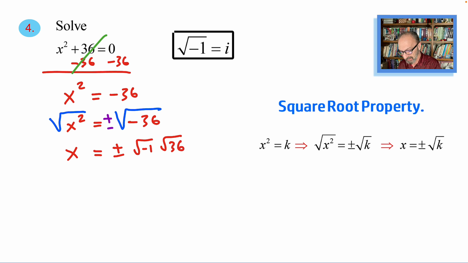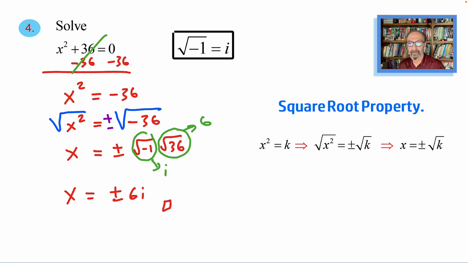Square root of 36 is 6. Square root of -1 is i. So the answer is x equals plus minus 6i. And that should do it. Number 5.